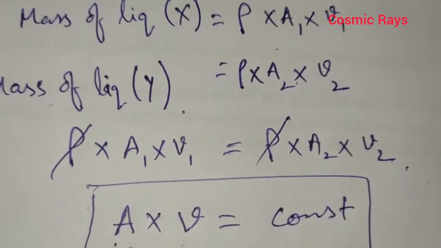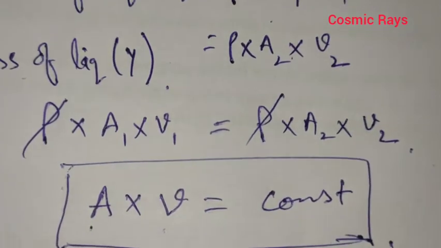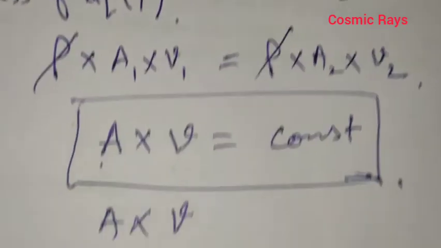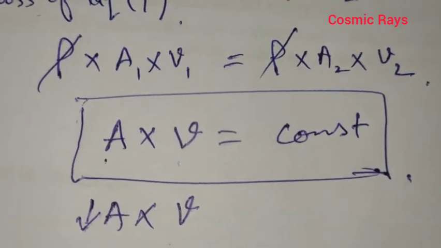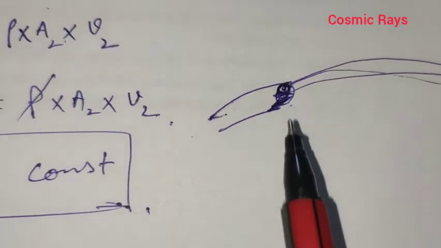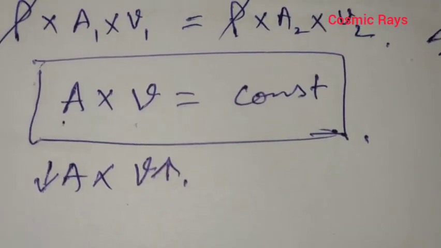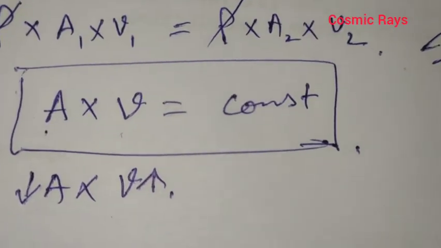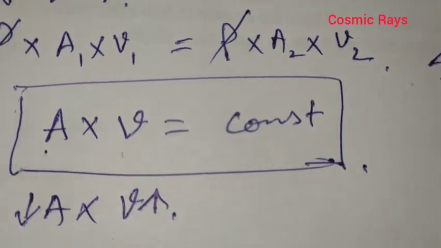That is what we do. We apply the principle of continuity. That means we know that a into v is a constant, so what we do is we are decreasing the area of the outlet of the pipe, so automatically the velocity of the water coming out of the pipe increases, and that's how it covers a larger distance.